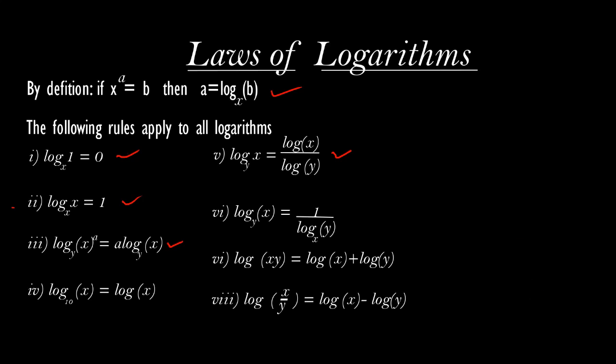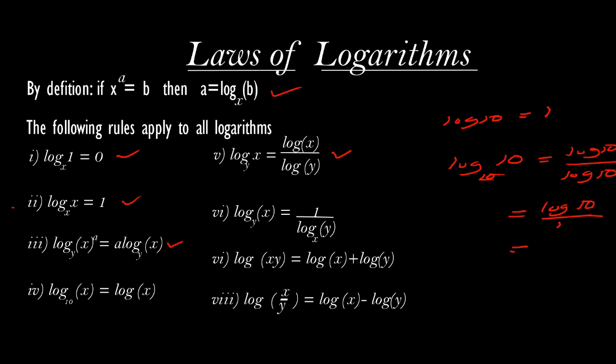Let's move back to Roman number 4, where we have log x to base 10. It's simply log x. So anytime the base is silent, it is always base 10. Because if you press log 10 in the calculator, you get 1. So if you have log 10 to base 10, according to Roman 5, that is the same as log 10 over log 10, because we've said the base is the logarithm in the denominator.